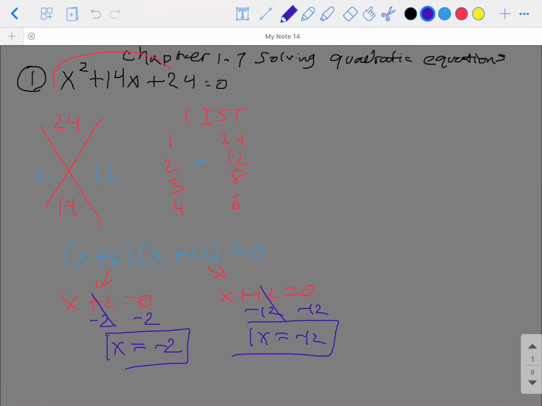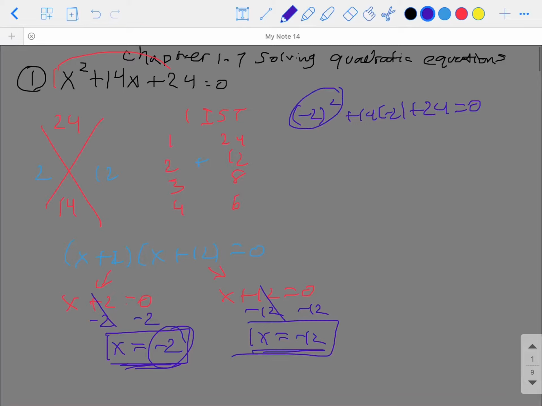Just to make sure that your answers are indeed correct, you can plug your x's in. It doesn't always have to be x, it can be any letter from the alphabet. So I'm going to place this as negative 2 to the second power plus 14 times negative 2 plus 24, which should give us 0.